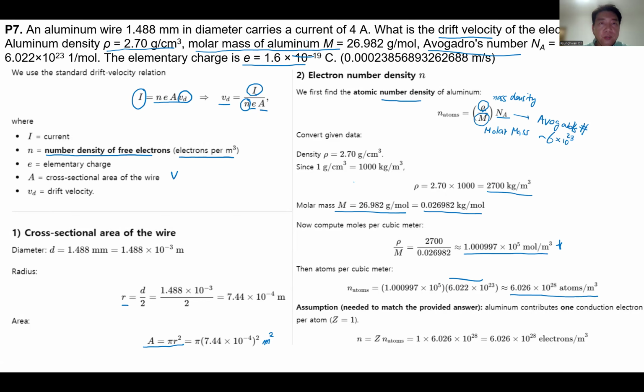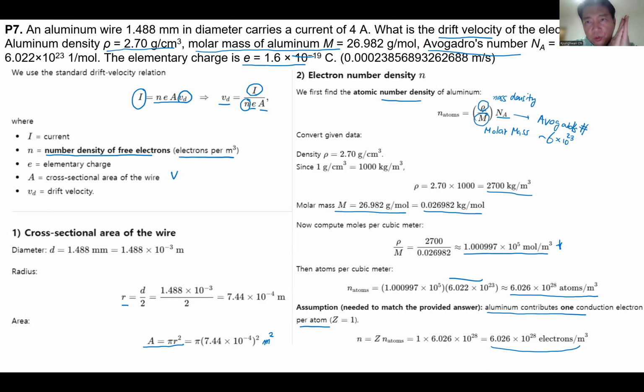What is important in this case is the number density of electrons. If we assume that there is only one conduction electron contributed per atom, then you get these electrons per cubic meter.